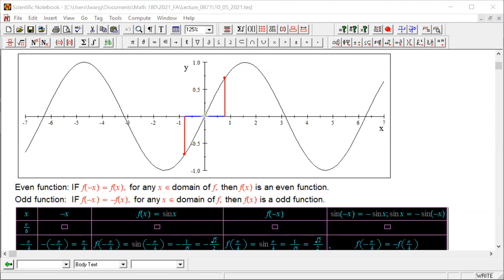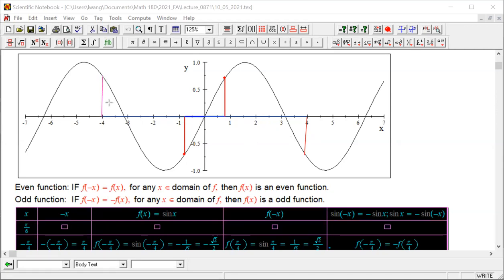This is x, and what will be the negative x? The negative x will be on the other side. And what are the outputs? One will be red, and the other one would be purple.